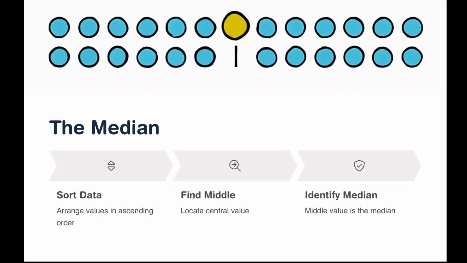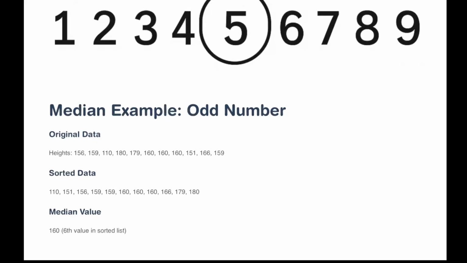Then comes the median. For the median, we usually arrange the data in ascending order, then locate the central value. The middle value is called the median.